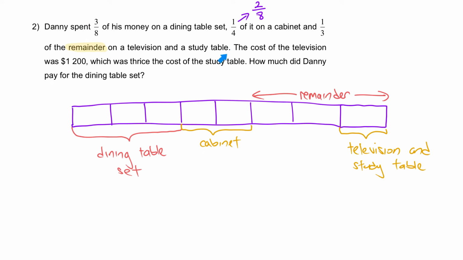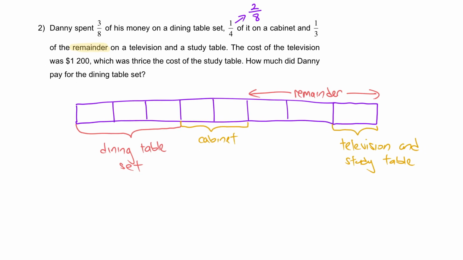Moving on, the cost of the television was 1,200, which was thrice, means 3 times, the cost of the study table. Now over here, you think about it. If the cost of the television is 1,200 and this is 3 times of the study table, can we figure out the cost of the study table first?